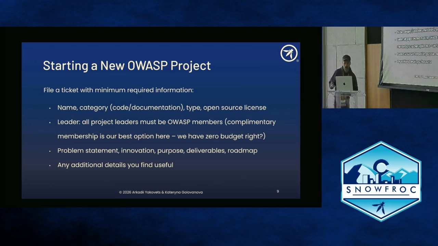Also the problem statement, purpose, roadmap, and any other details you would like to mention. I believe at this point, the project committee is not involved at all. It's normally handled by OWASP staff. Starr Brown is the current programs and projects point of contact.